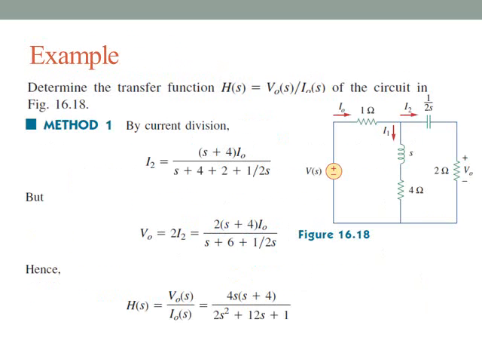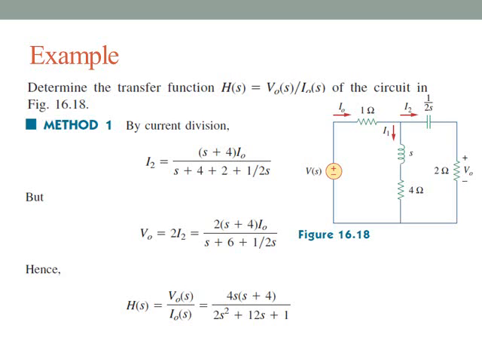Okay, in this example, we have to find the transfer function V out divided by I out, and both V out and I out are shown in the circuit. There are basically two methods, as we have discussed.